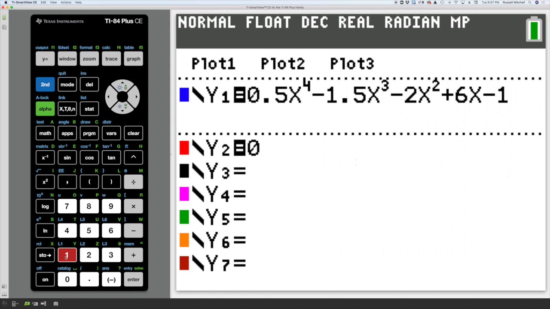Just double checking: 0.5x to the fourth minus 1.5x cubed minus 2x squared plus 6x minus 1.